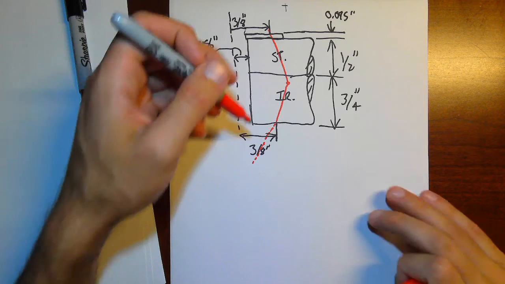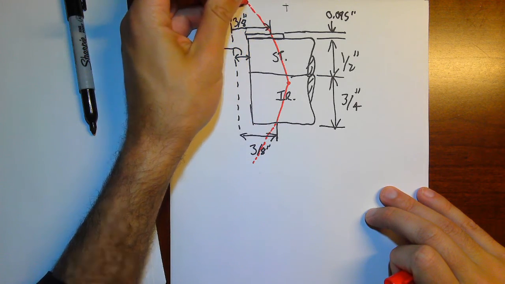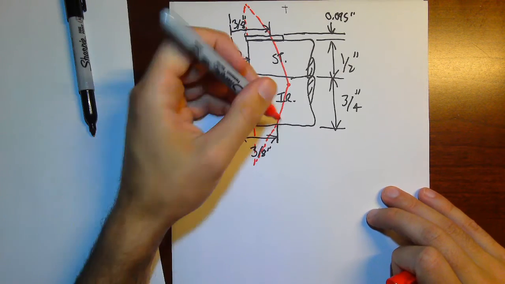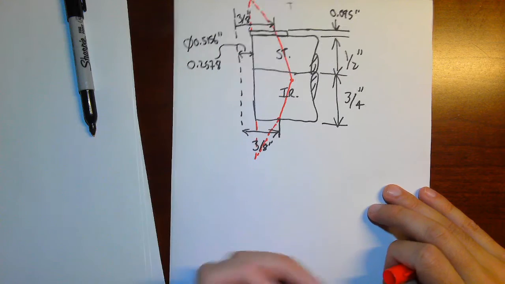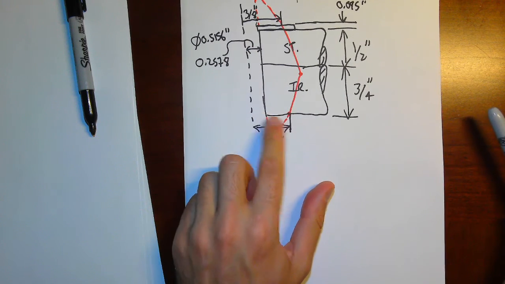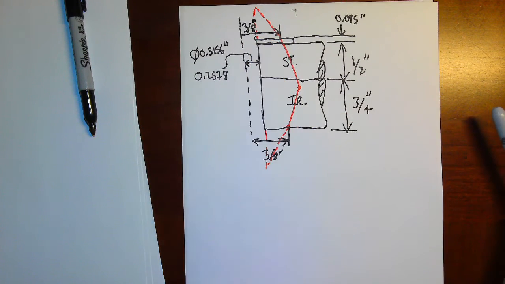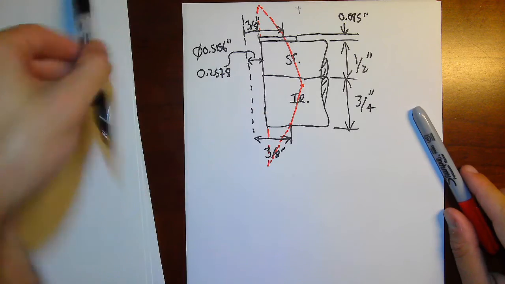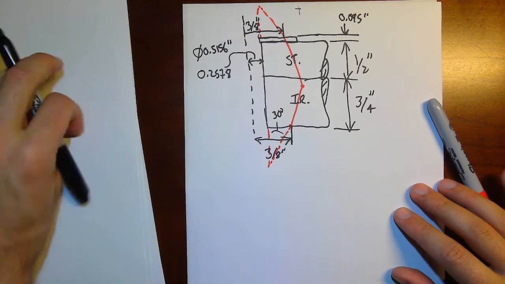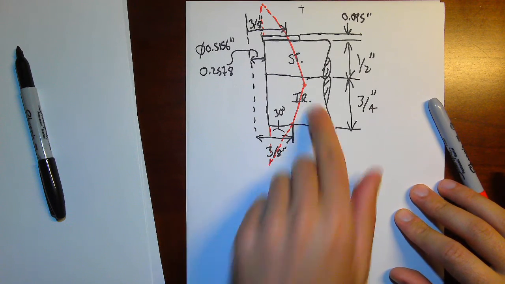So what I'm going to do is I'm going to trace the stress distribution back to the edge of the hole on each side. Okay. So I know that I'm sitting here about 3/8 inches away from the side of the hole. Actually, that on the top and on the bottom. I know that this is a 30-degree angle between the vertical and the stress distribution line.